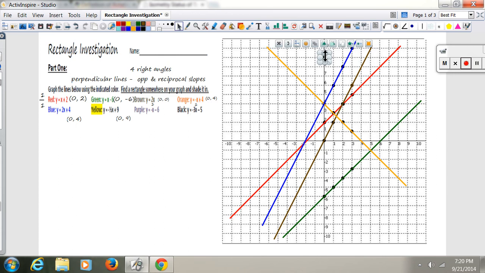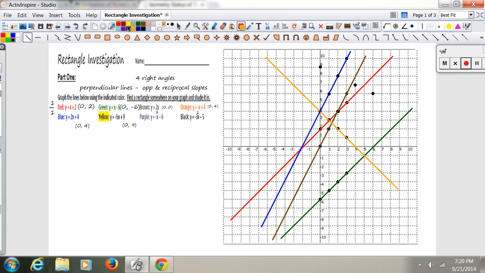And this is telling me to go down 1 and over 2. Down 1 and over 2. Down 1 and over 2. And I need to grab yellow and draw that in.